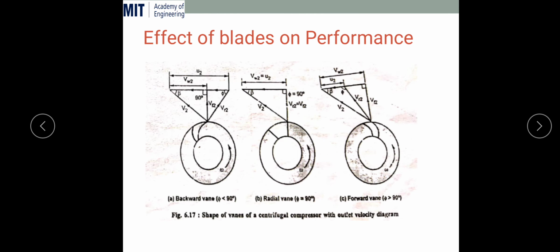Now we need to understand, or we have to find out, which vane is the efficient one for designing the centrifugal compressor. Means for which type of vane shape we need less work input. Okay, our performance is quite better for which type of vane. Got it? Phi less than 90, phi equal to 90, and phi greater than 90.